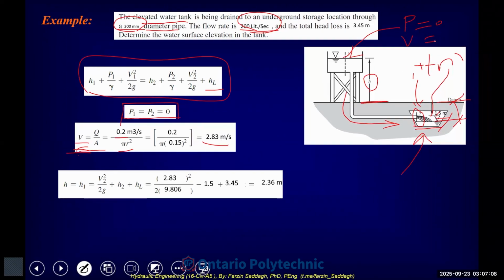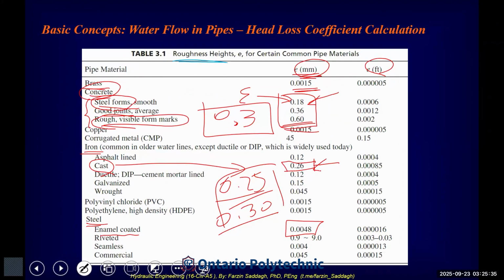The velocity is zero at point 1, because on the surface of a tank we have no motion, so velocity is 0. So P1 over gamma and V1 squared over 2g are 0, and we have just H1. We have to keep these values in mind.